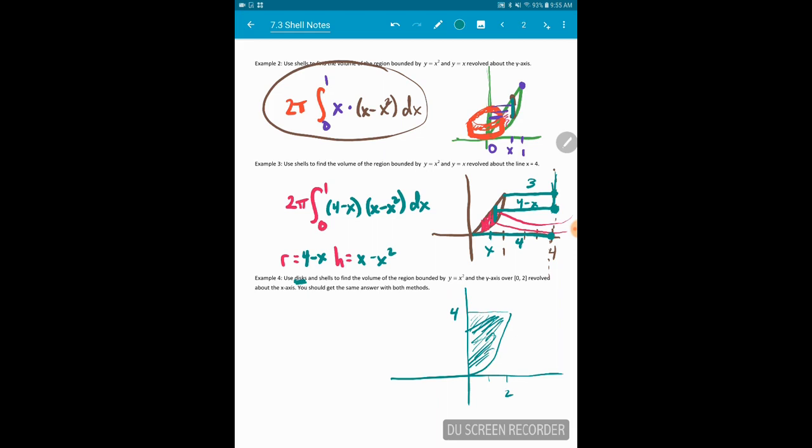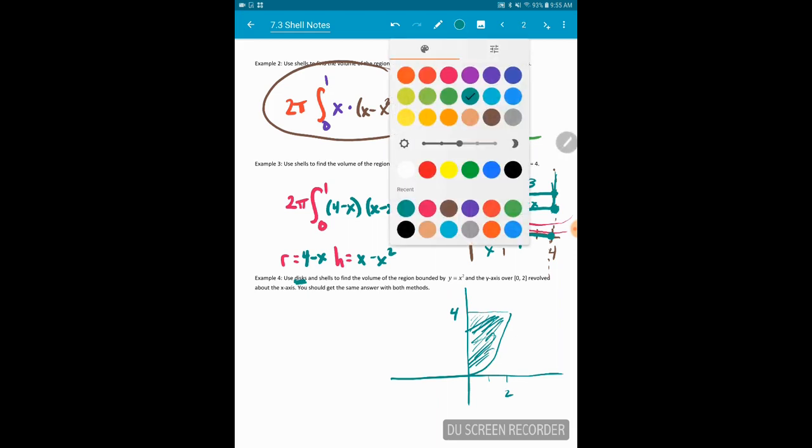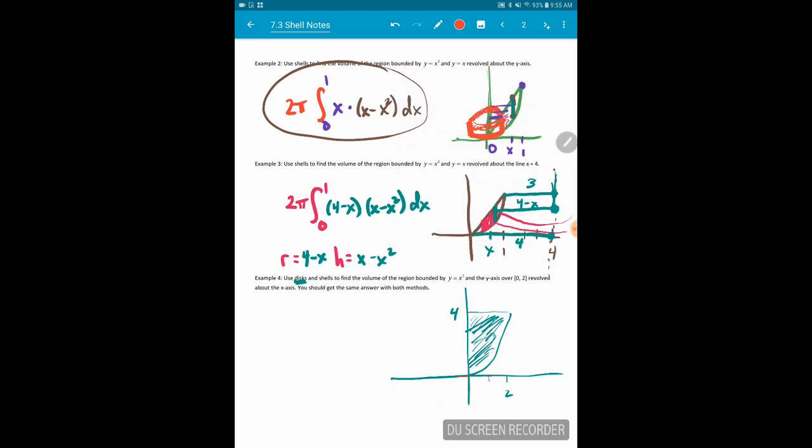So if I'm revolving it around the x-axis and it is in terms of y equals f of x of some kind, that means that this is actually set up for disks. So I have to do pi times the integral from 0 to 2 because I'm having my rectangles perpendicular to the axis of rotation.